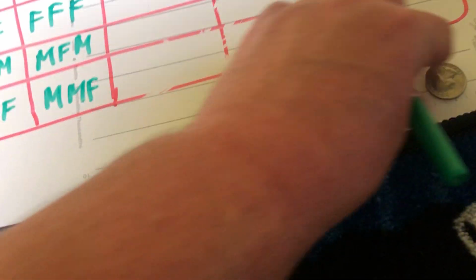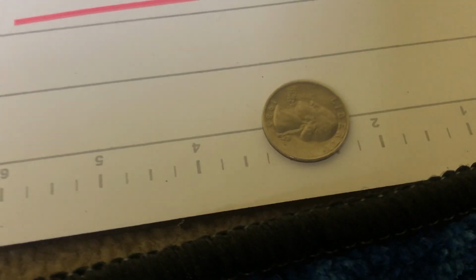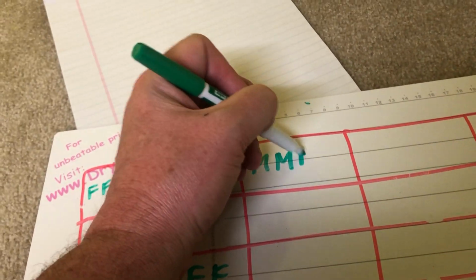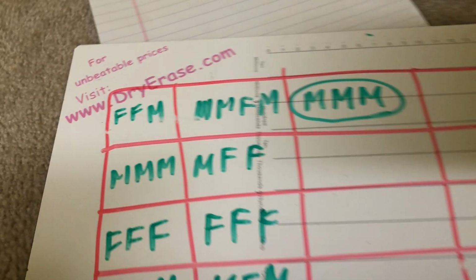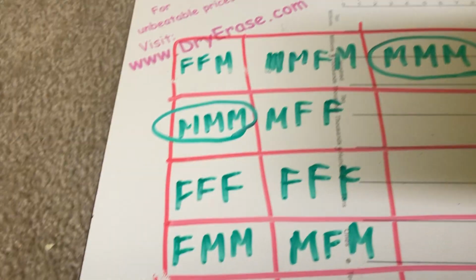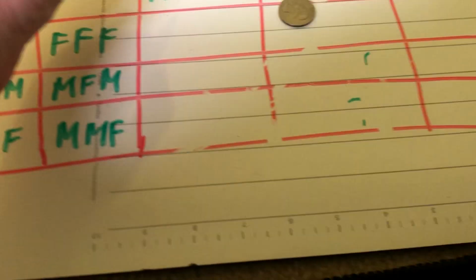Heads, that's a male. Heads, that's another male. Heads, that's another male. So now we have one. When I'm looking at the other ones, looks like there's one other one where all three puppies were males. So 2 so far in our simulation. Heads, there's another male. Heads, there's another male.